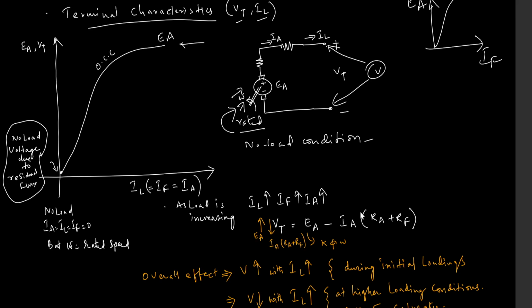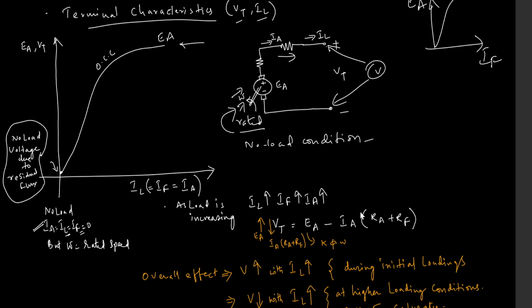Because armature current is not there, IL is not there, and the field current is not there, the field contribution is very small, since current is not flowing through the series field, so the flux produced by the field current is not there. So only due to residual flux the voltage is developing.